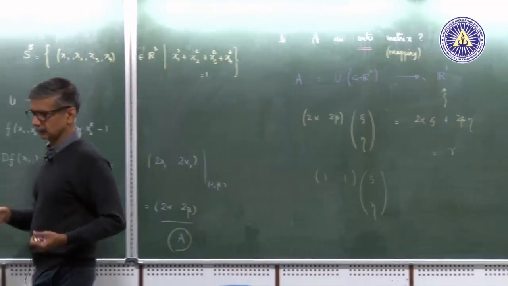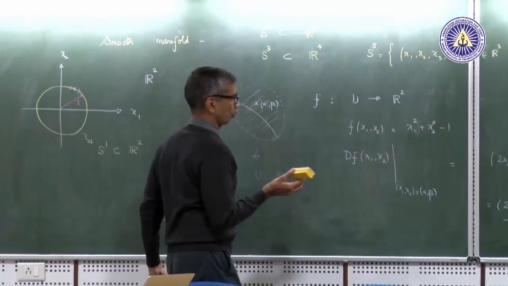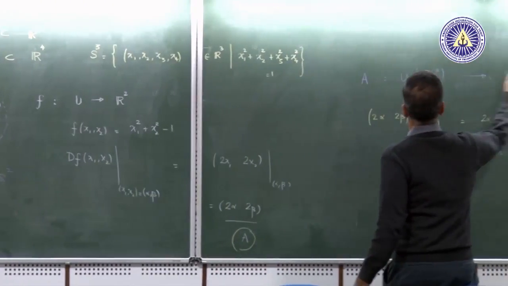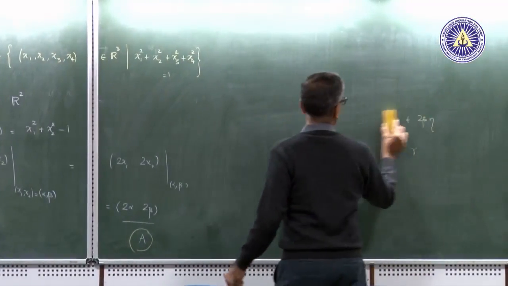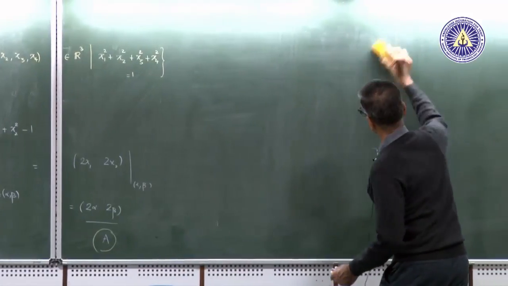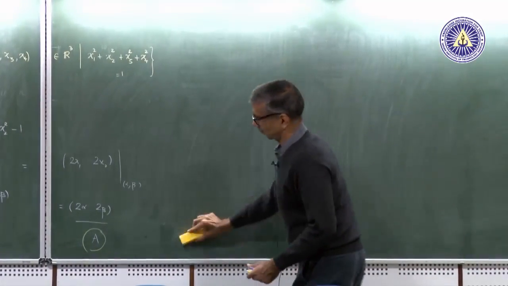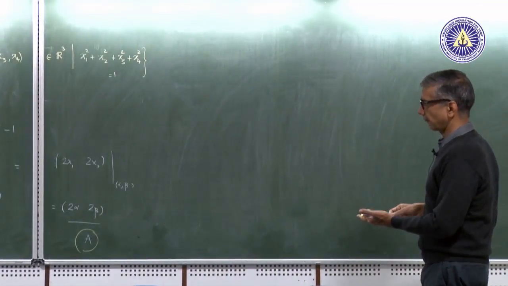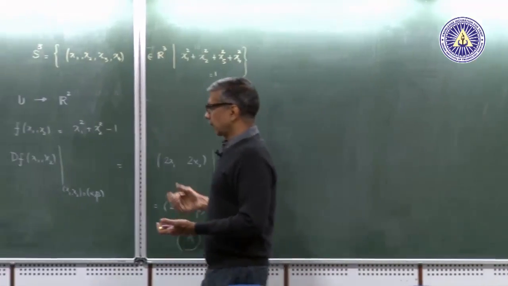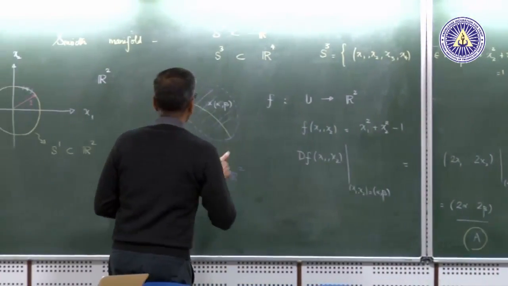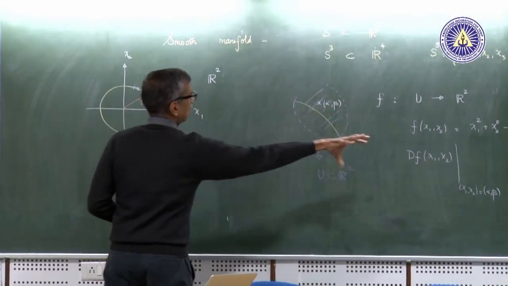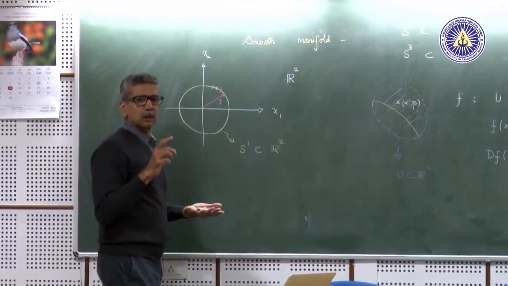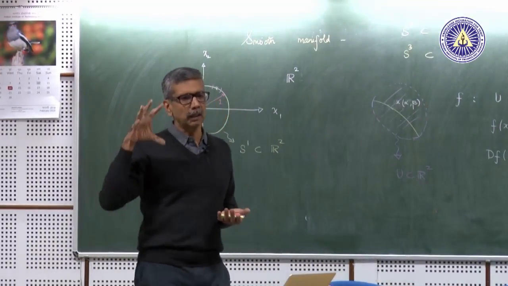So, now let us erase this. Okay, so now I'm sort of moving towards properties which will help me establish that the circle is what is called a smooth manifold in R2.